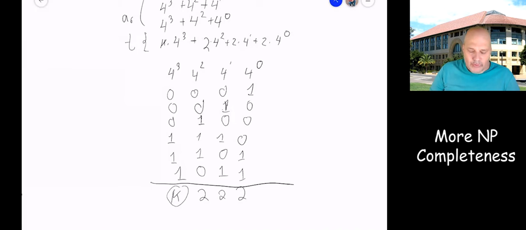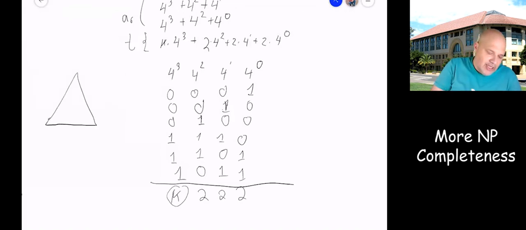And now we want to somehow say that if you have a clique, then you have a subset sum, and if you have a subset sum, then you have a clique. So let's start with a clique. Let's remind ourselves the graph looks like this.